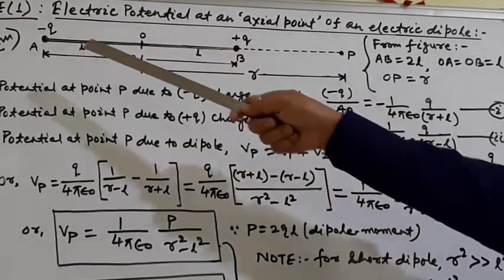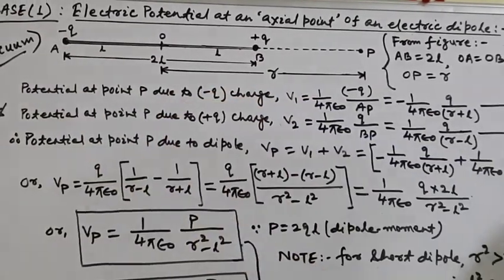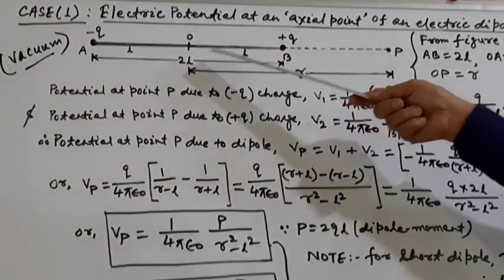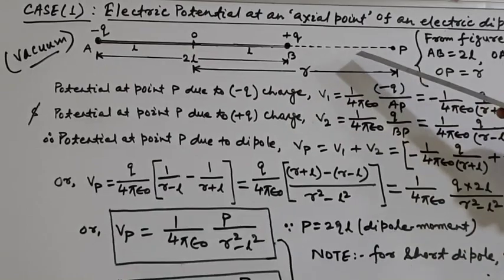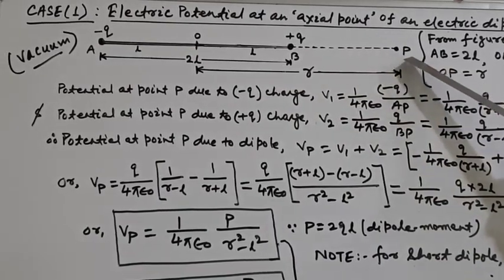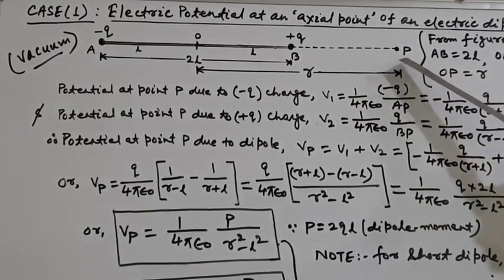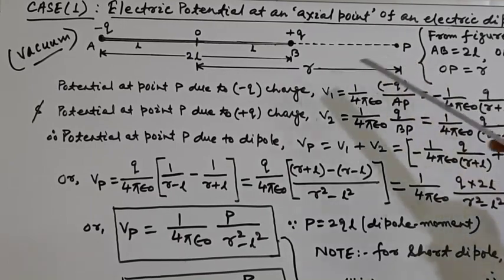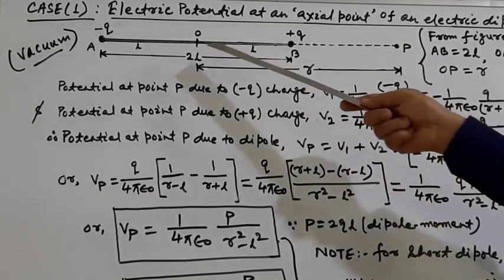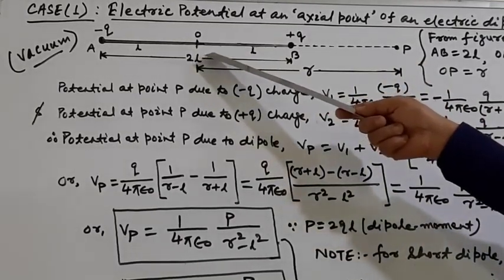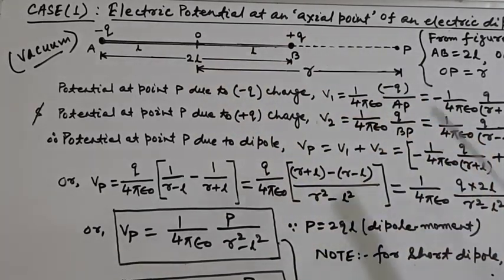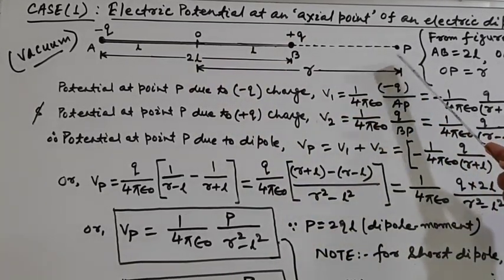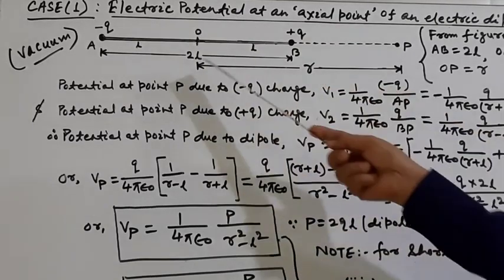This dipole is placed in vacuum. On the axis of the dipole, this positive x-axis, I have taken a point P. P is the point on the axis of the dipole at a distance r from the center of the dipole. And you are supposed to calculate electric potential at point P due to this dipole.